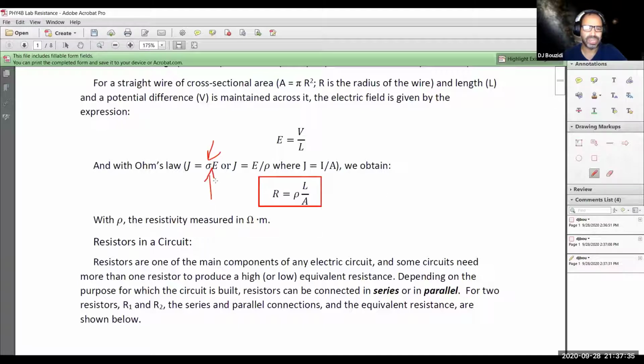This is called the conductivity, and this is the resistivity, okay? So if rho is in ohm meter, the conductivity is 1 over ohm, 1 over meter. But most of the literature, most of the time, you will find everything published in terms of rho, okay?